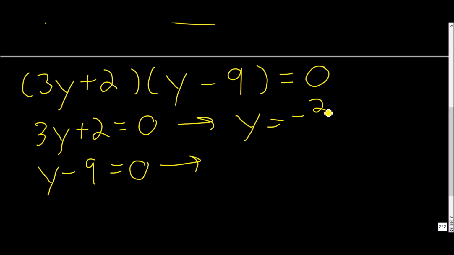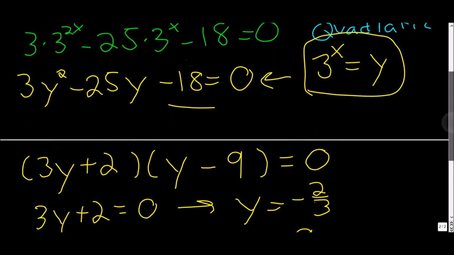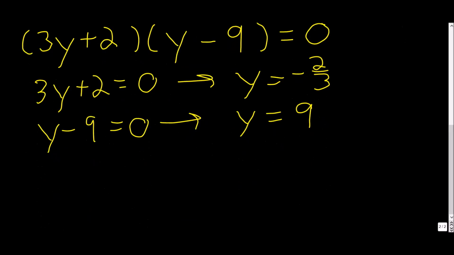And I'm going to get y equals 9 here. From here, I have to realize that I changed variables. So this is 3 to the x, not just y. So 3 to the x equals negative 2/3, and 3 to the x equals 9.